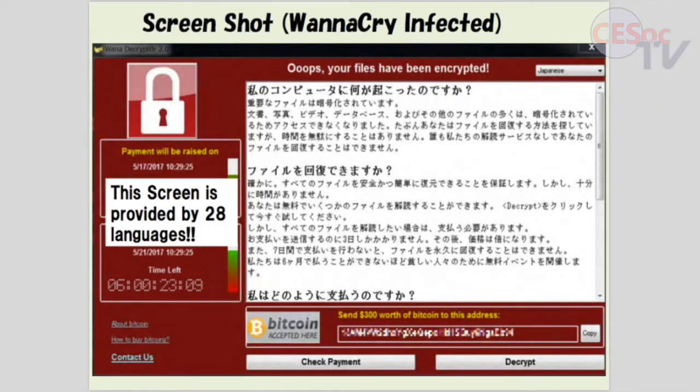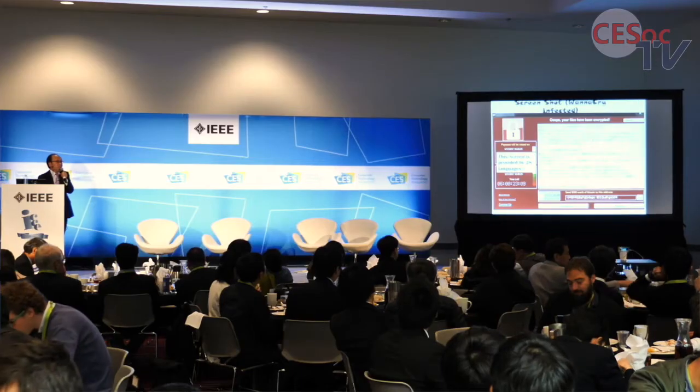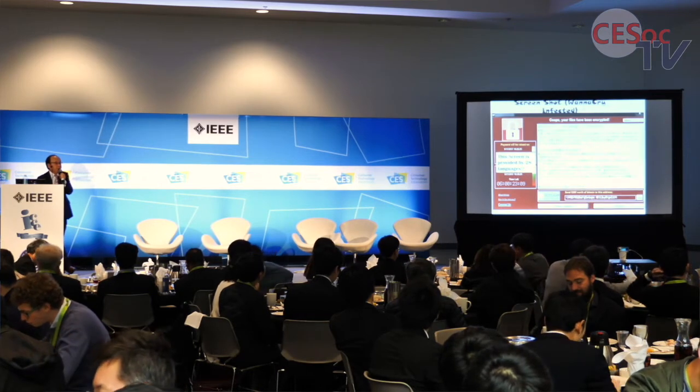This is a screenshot of WannaCry infection in English. But in Japan, we got these kinds of screenshots in Japanese. Surprisingly, this WannaCry provides 28 languages. As you know, this is ransomware, which demands Bitcoin money to encrypt the data in your PC.